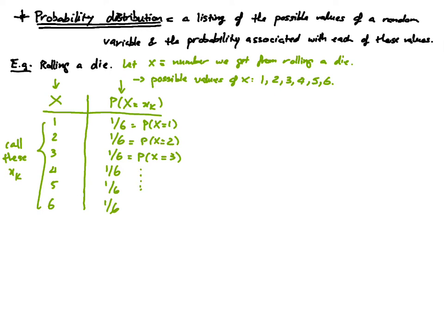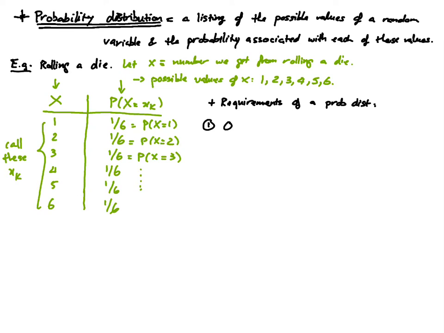Now, any probability distribution must meet two requirements. First off, the individual probabilities have to be greater than or equal to 0 and less than or equal to 1, right?